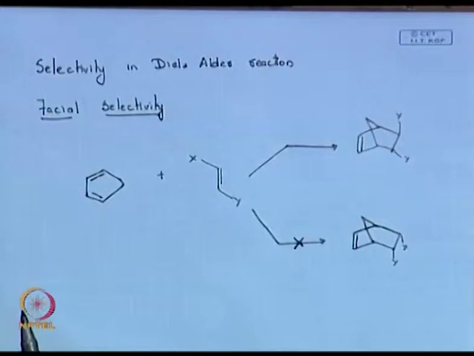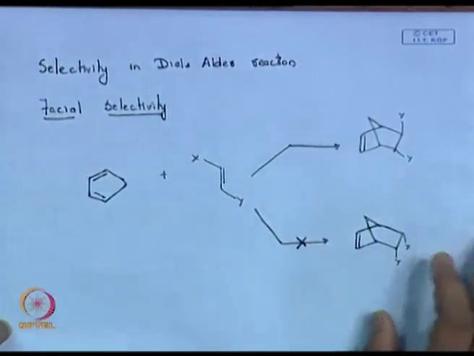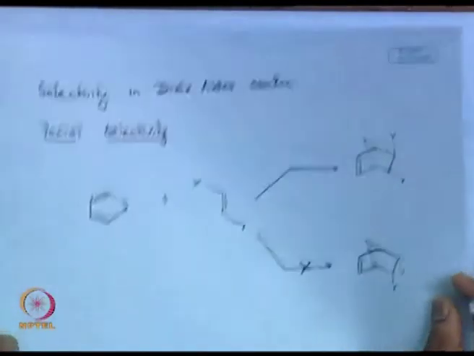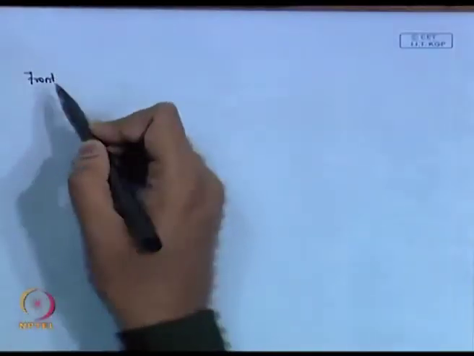So, how do we understand that part? We can see this reaction in two ways, the front approach or the side approach, and see how they make things selective. So, we will just see the front approach.